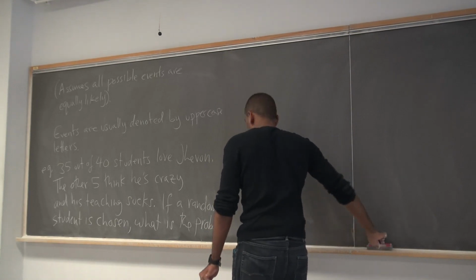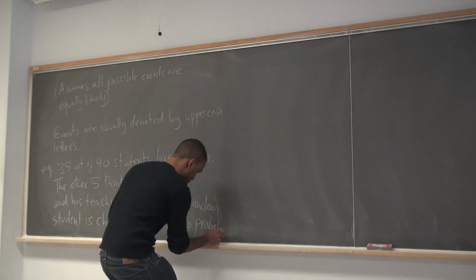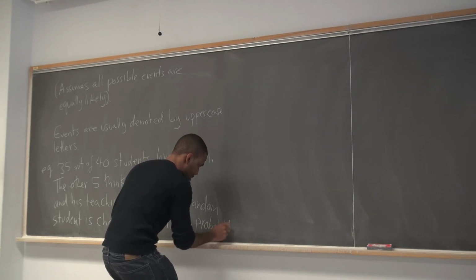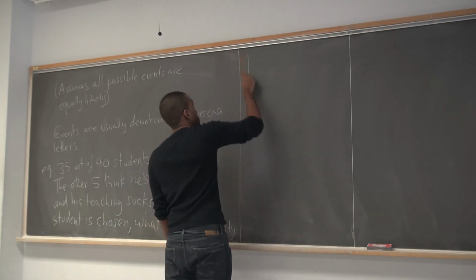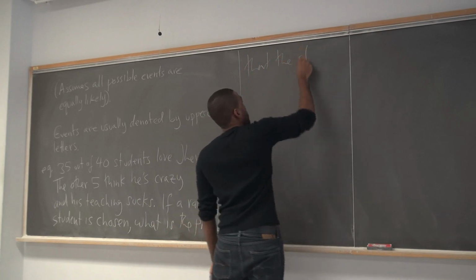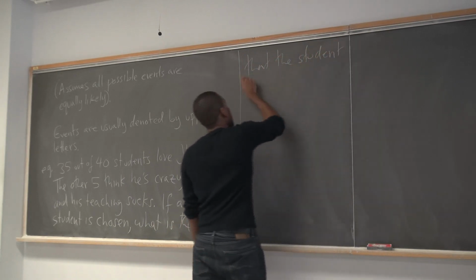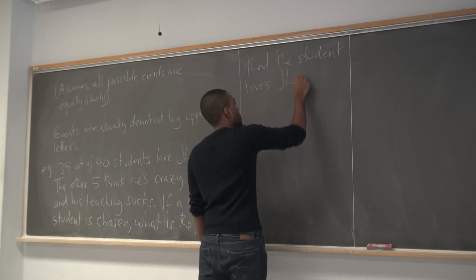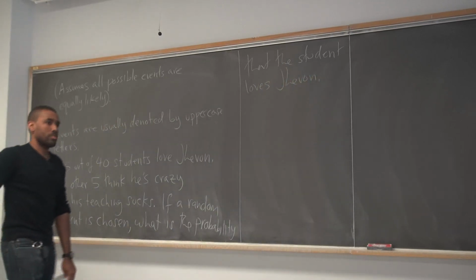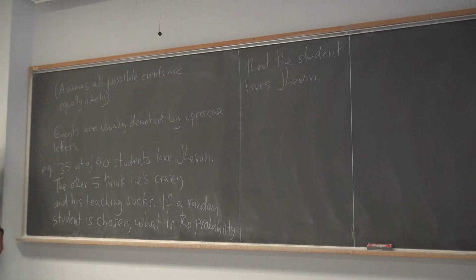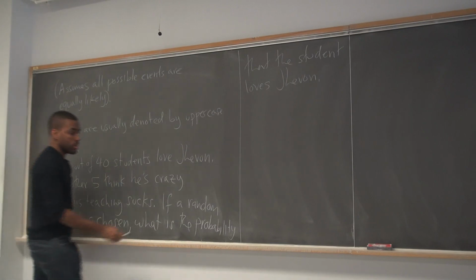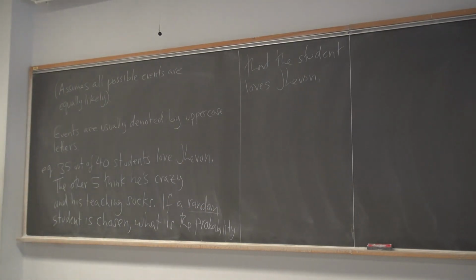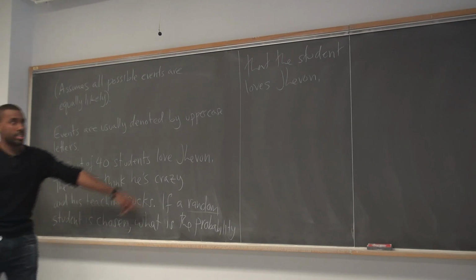So what you can do is, in this case, let's say we surveyed all 40 students. Okay. So somehow we come by the statistics that 35 out of 40 students love Jhevon. Right? The other 5 think he's crazy. If you pick a student at random, right? Random means all students are equally likely to be picked, right? You close your eyes and you pick someone, so they're all equally likely. What is the probability that the student actually loves Jhevon?